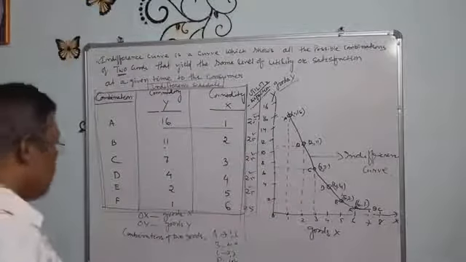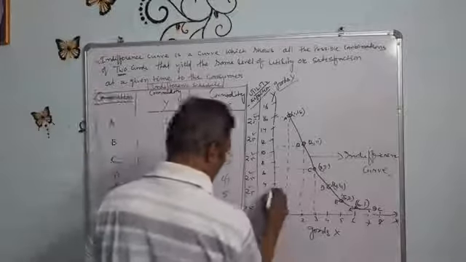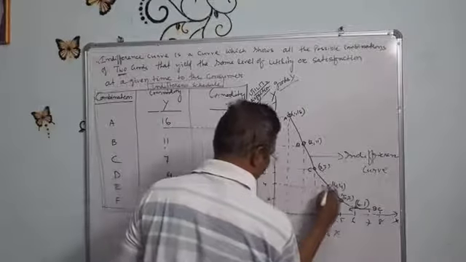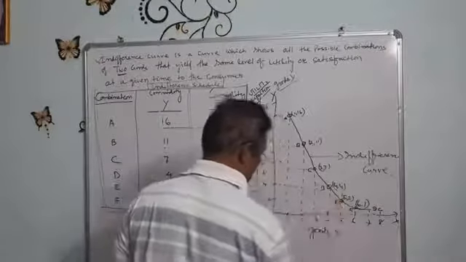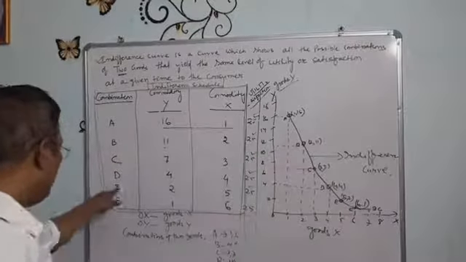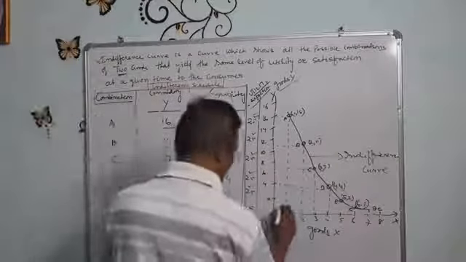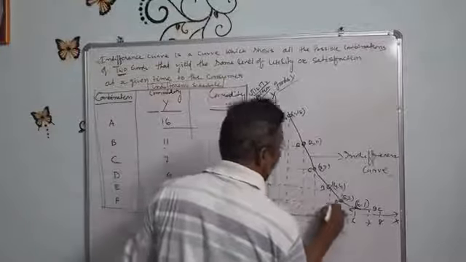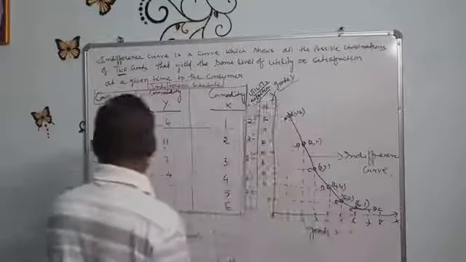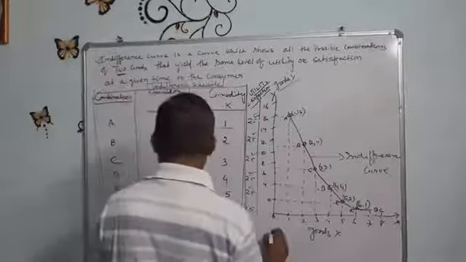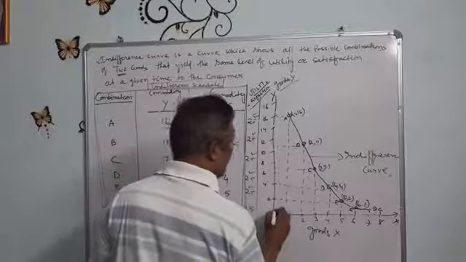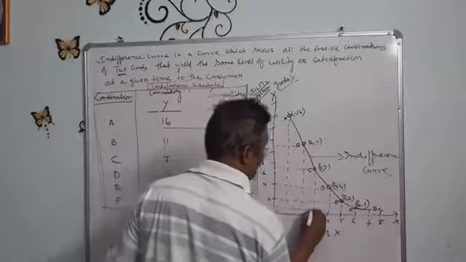D is a combination, Y goods 4, X goods 4. E is the combination, Y goods 2, X goods 5. And F is the combination, Y goods 1, X goods 6.